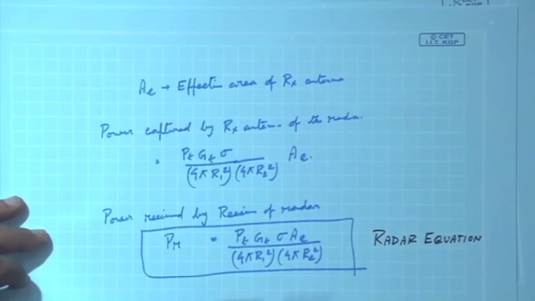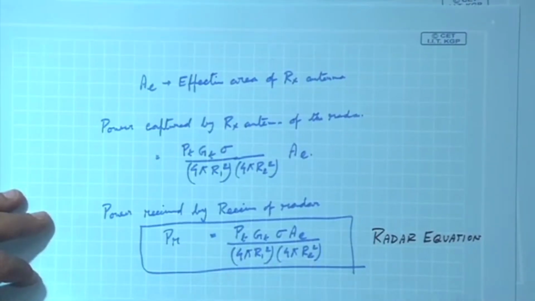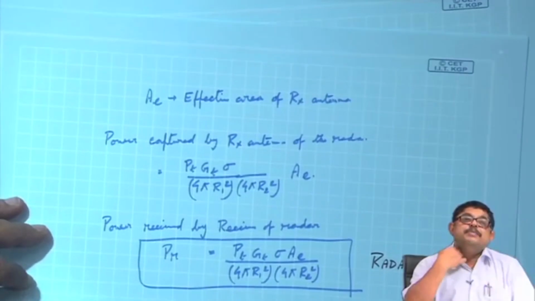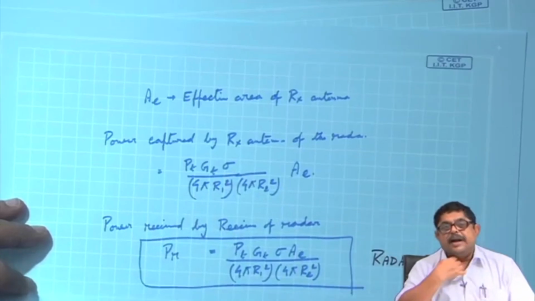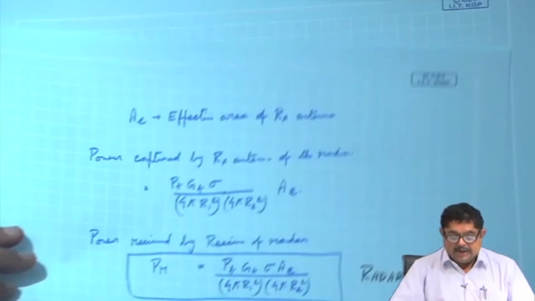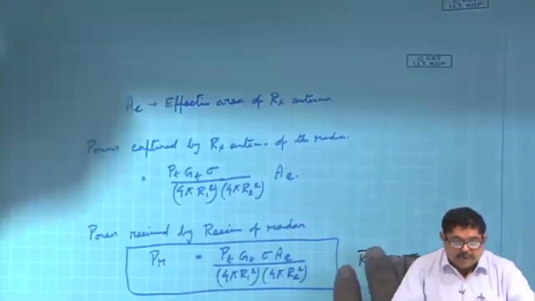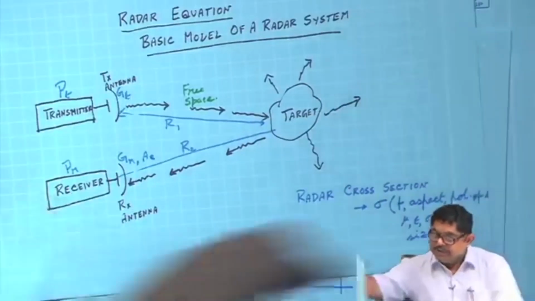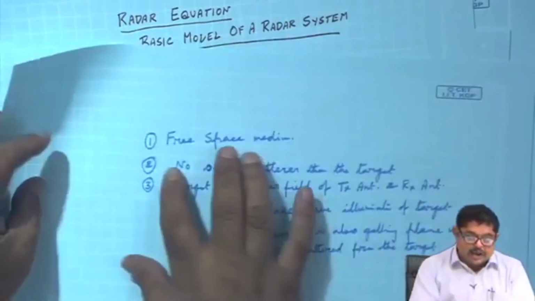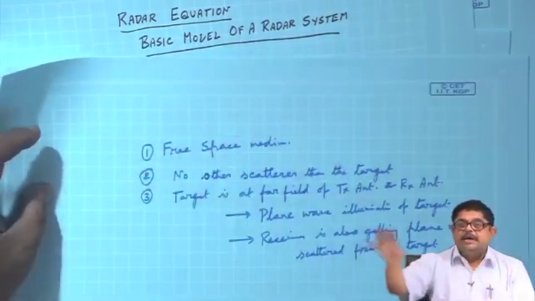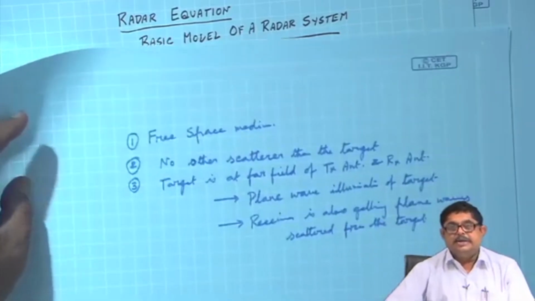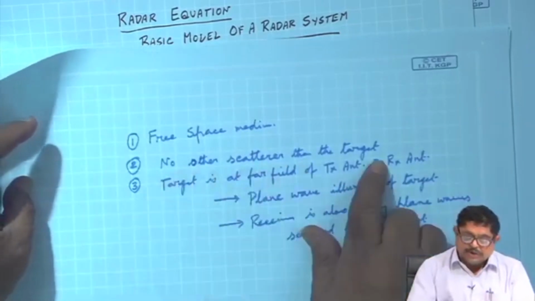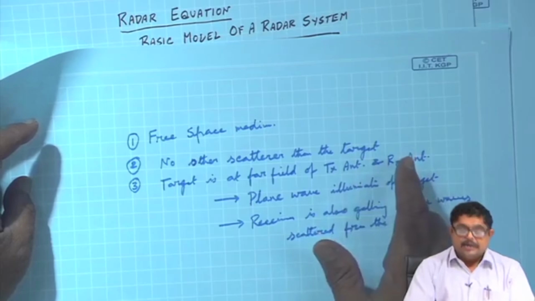Now, we will go on making some more assumptions, but those are specific to some radars. This is the fundamental one, because the fundamental assumptions are that the whole medium is free space, though we know that in reality that may not be the case. No other scatterer than the target.